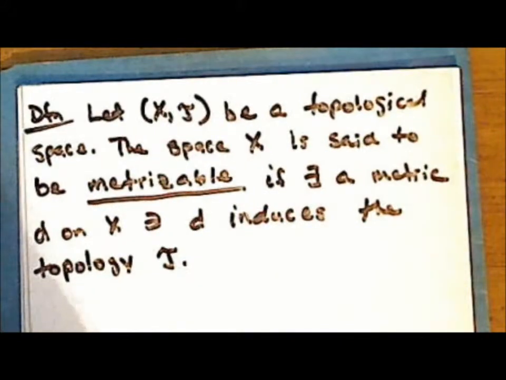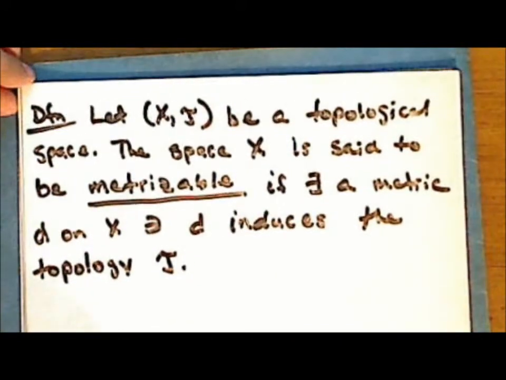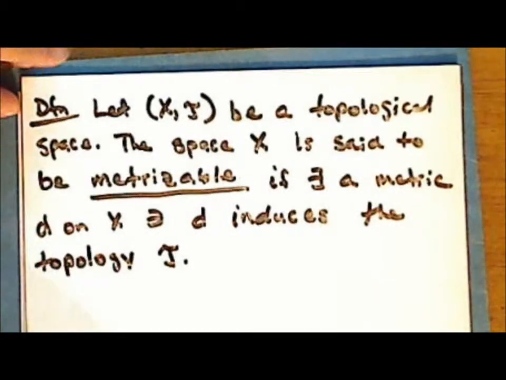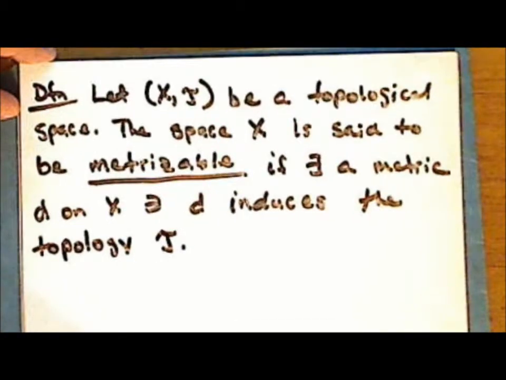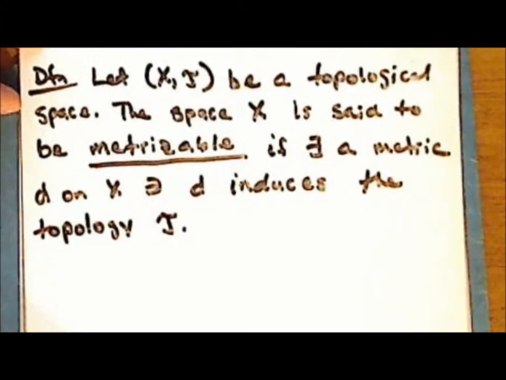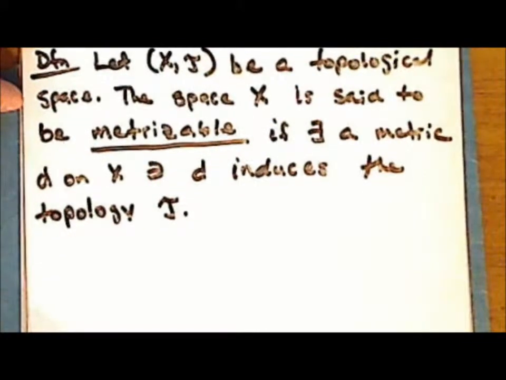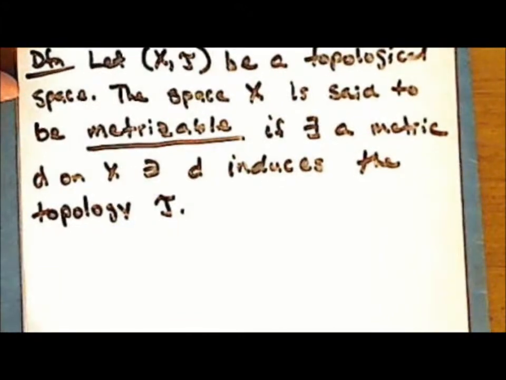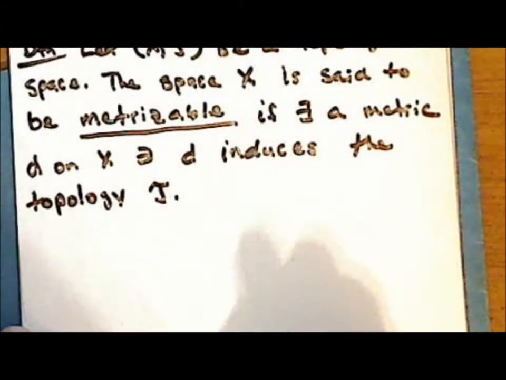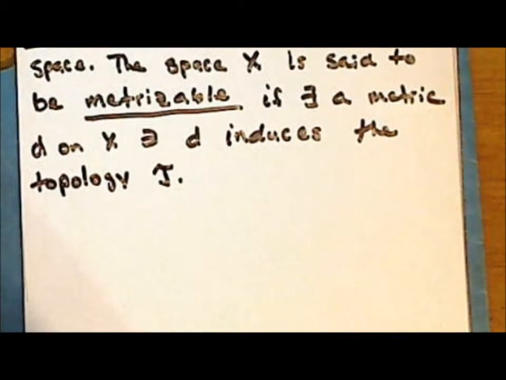So the example we just looked at, the discrete topological space, is a metrizable space, since there exists the discrete metric on X that induces the discrete topology. So we'll be looking at some examples of metrizable topological spaces.